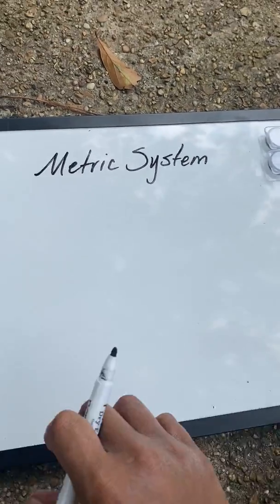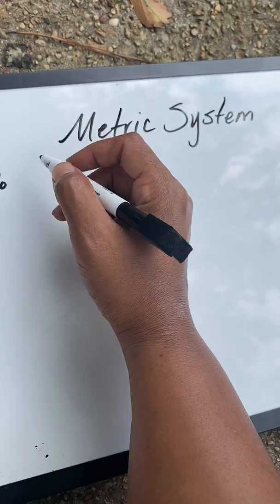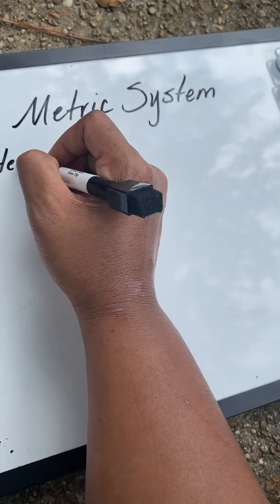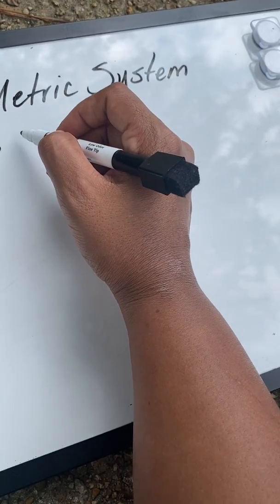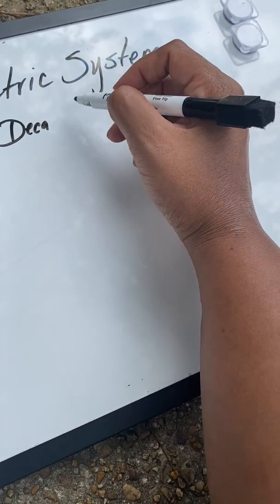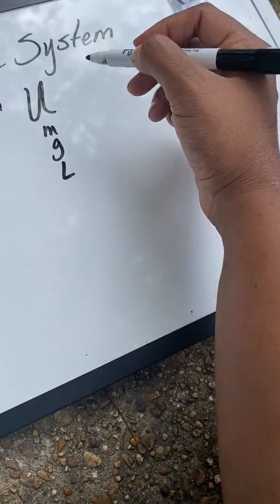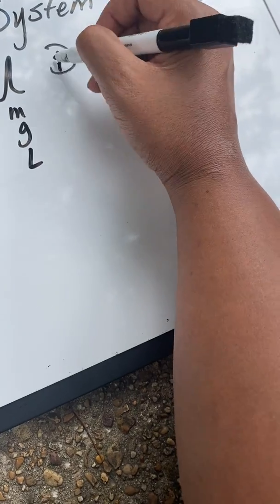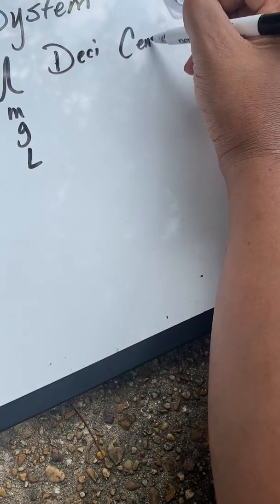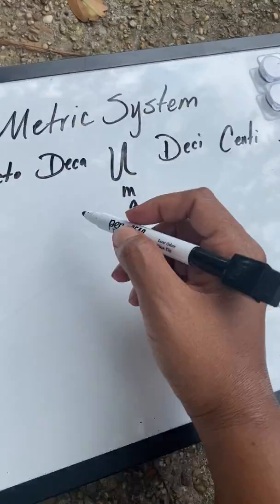In the metric system, you're going to have kilo, hecto, deca. You'll have your big unit, which is meters, grams, or liters. And you'll have deci, centi, and milli.